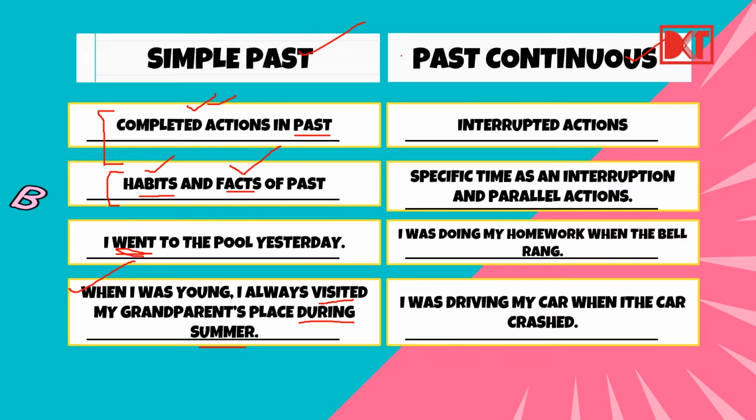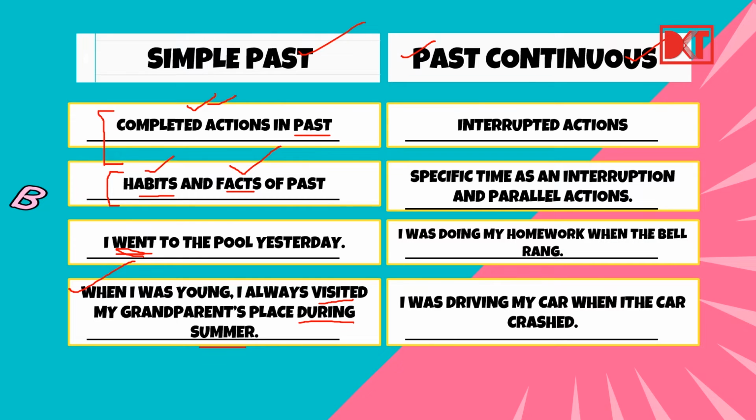Now for past continuous, past का कोई interrupted action, specific time as an interruption and parallel actions. जैसे मैं आपको example देती हूँ कि I was doing my homework when the bell rang.